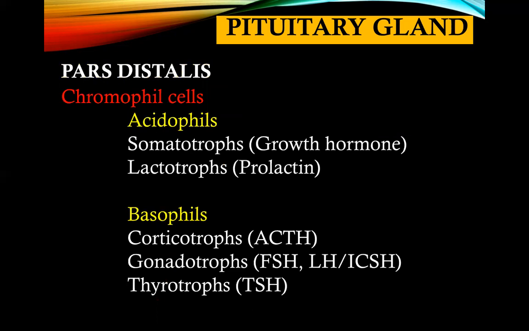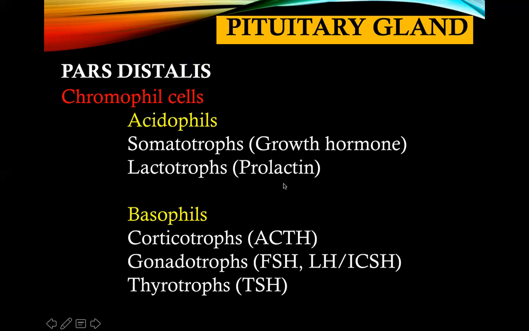As mentioned, these are the chromophil cells. Please take note in the examination, you have to identify whether it is an acidophilic chromophil or a basophilic chromophil. Other terms for these types of cells found in the pars distalis are the following: somatotropes are cells producing growth hormone.